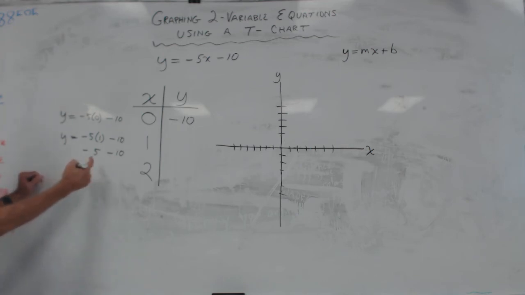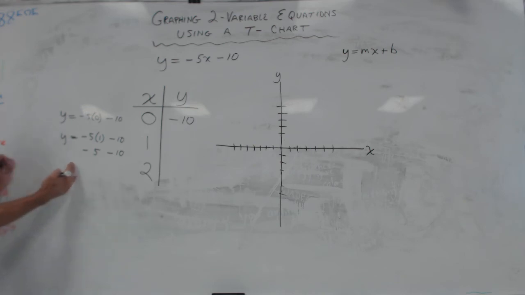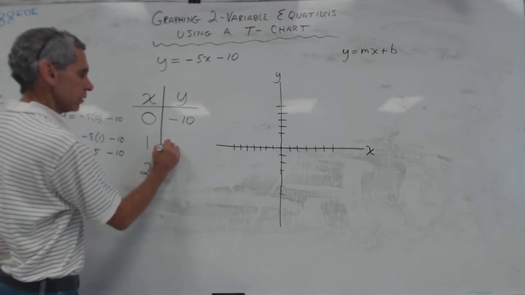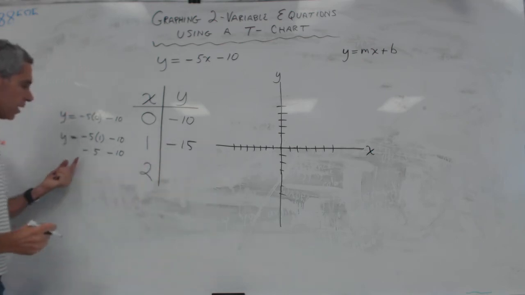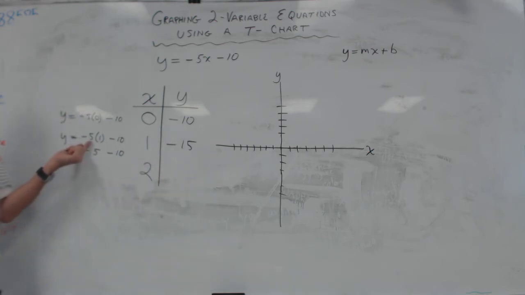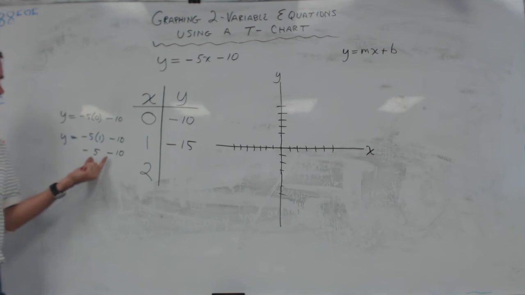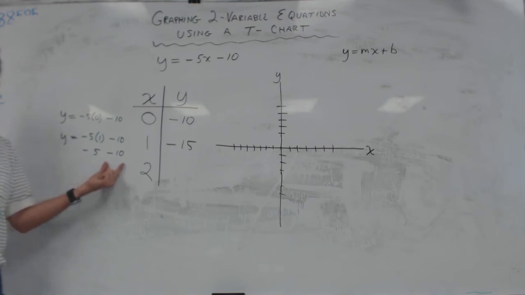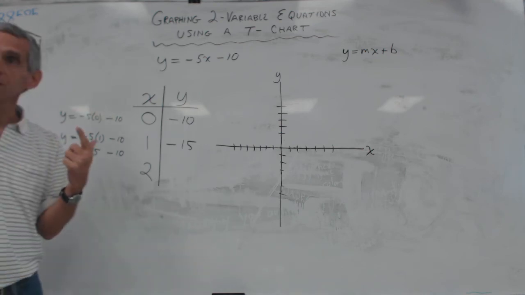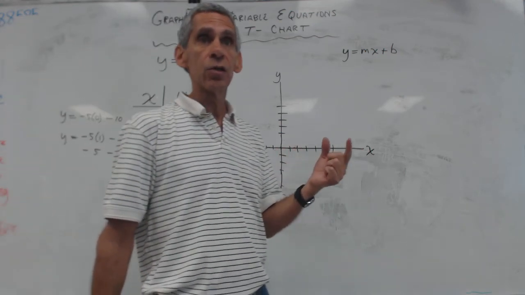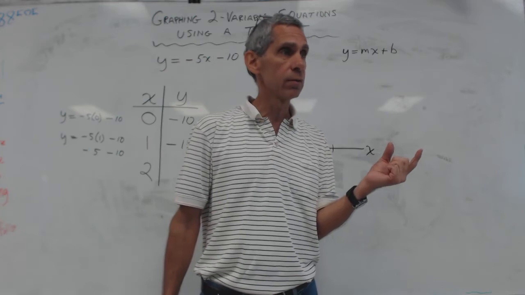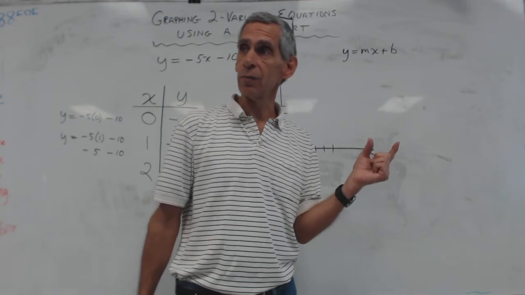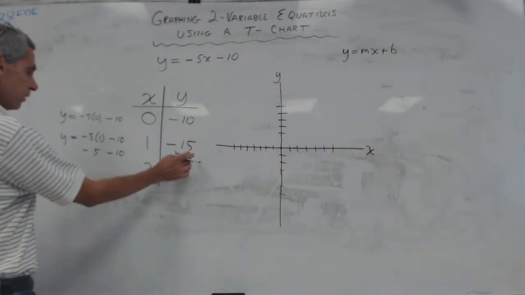Negative 5 times 1 is negative 5, and minus 10 more. You're adding the numbers. Remember, when you're adding and subtracting, if the signs are the same, you keep the sign and you add the numbers. So it's going to be negative 15.